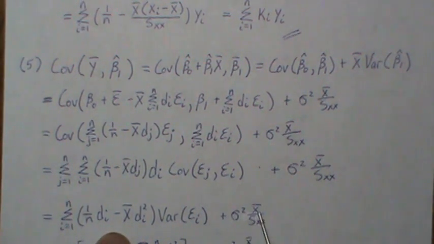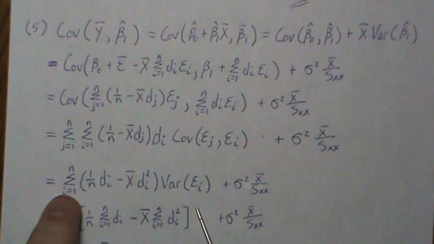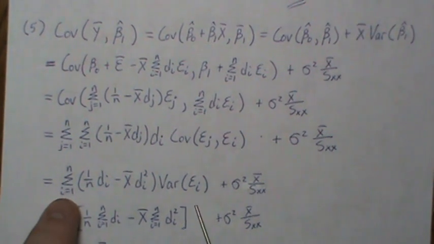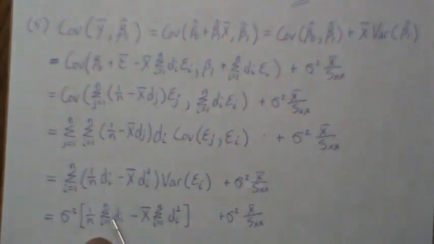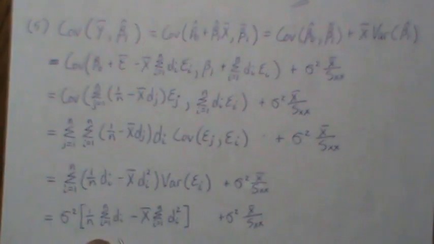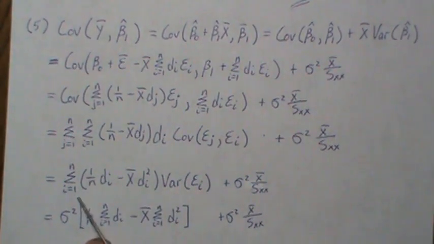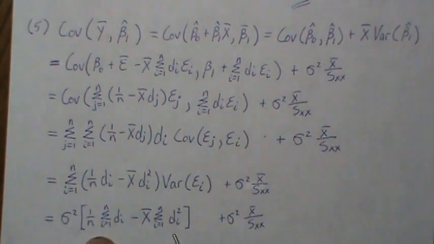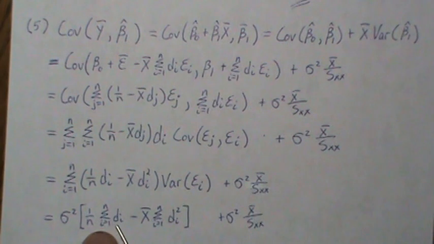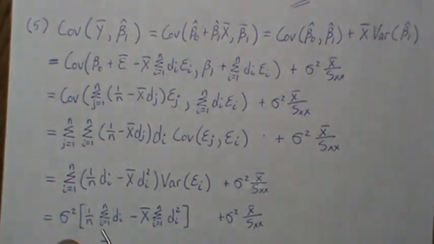And then of course these terms come down. This is sigma squared, which can be factored out of that sum. And then here we have the sum of di's, right? Because we're bringing that sum in, and then this sum is here. Well, the sum of di from 1 to n is 0, so that goes away.